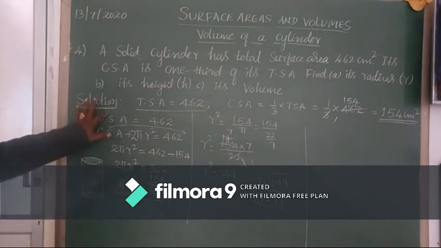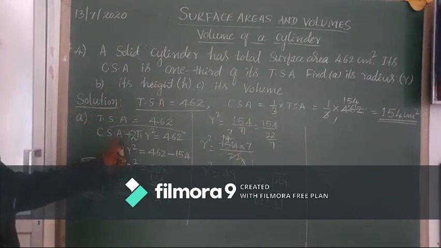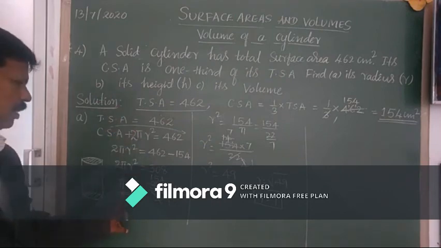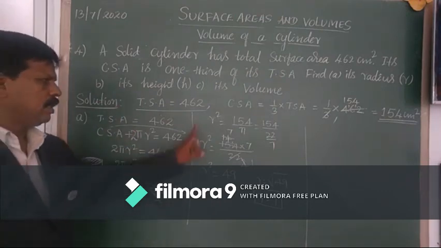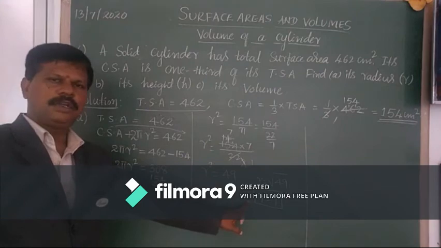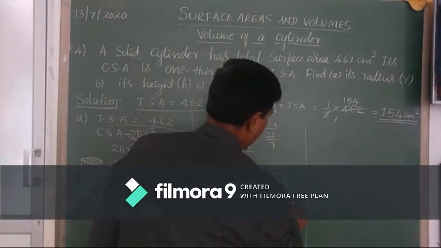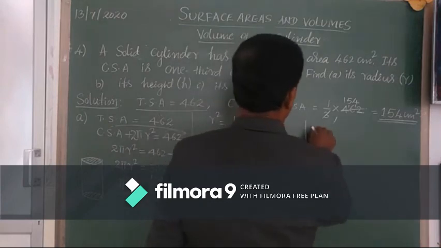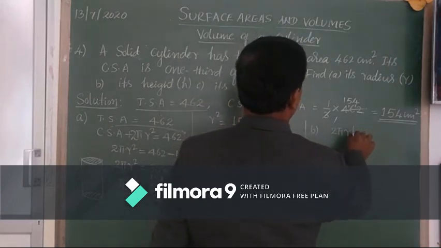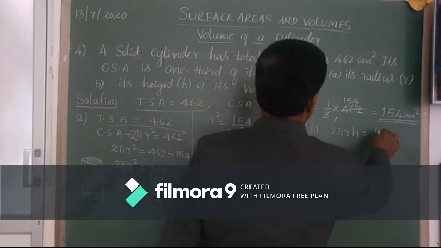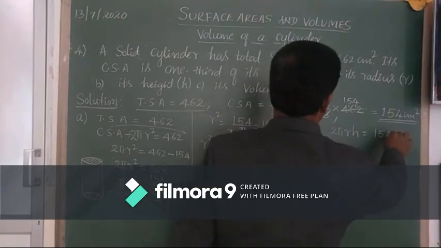Clear? This is the first. Take the total surface area like this. Then you take pi r square is this, and the radius of the circular base is 7 centimeter. Now B, height: 2 pi r h, the curved surface area, is 154.